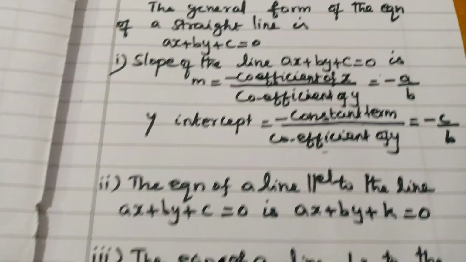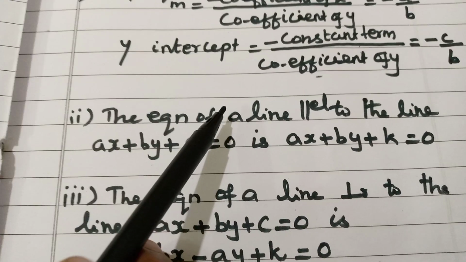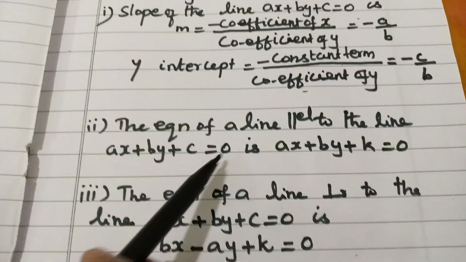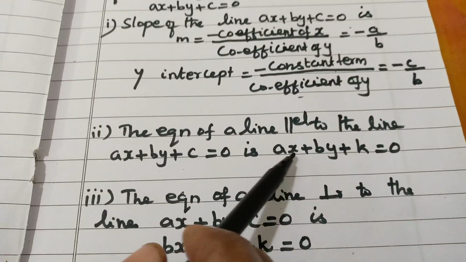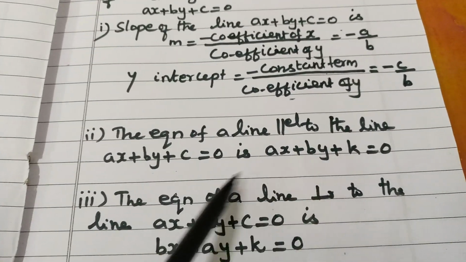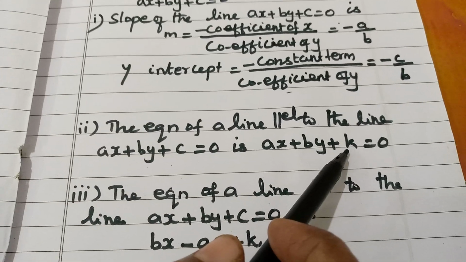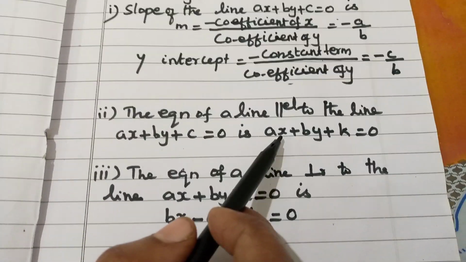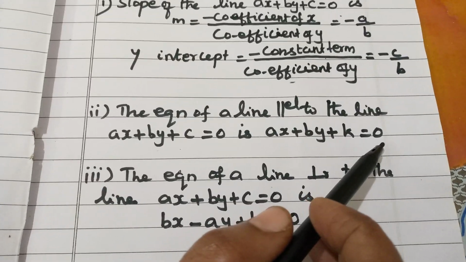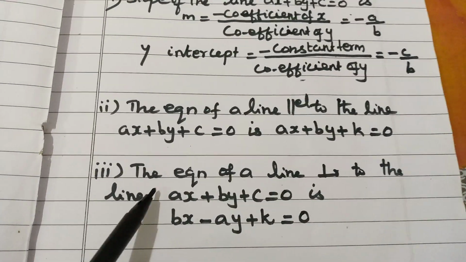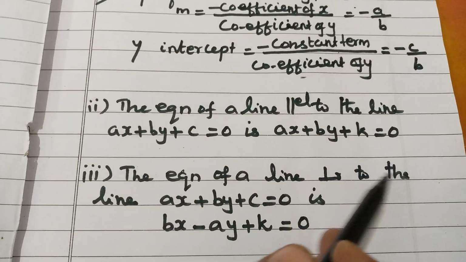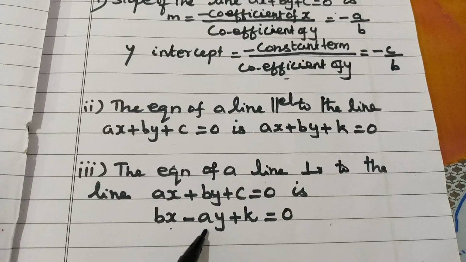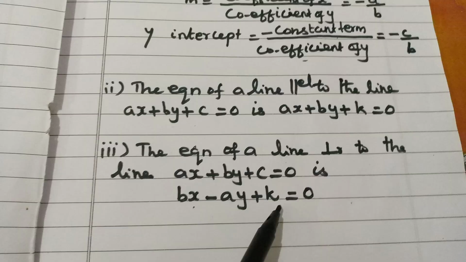Understood? Next formula: the equation of a line parallel to the line ax plus by plus c equal to 0 is ax plus by plus k equal to 0, where in place of c we give the constant k. Next formula: the equation of a line perpendicular to ax plus by plus c equal to 0 is bx minus ay plus k equal to 0.